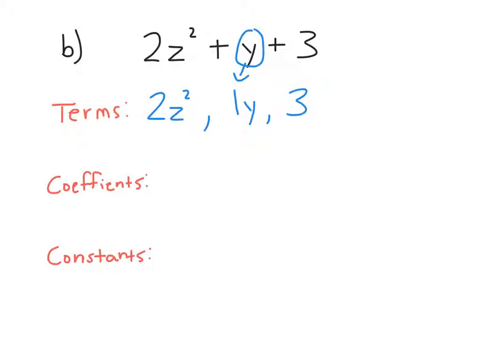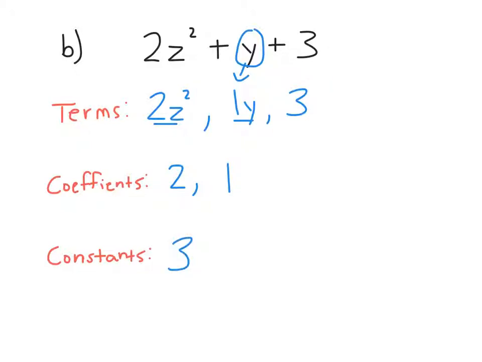We have two of them that contain variables. So 2, because there's a z squared, you just represent it with 2. And we have 1, because we have 1y. And then 3 is all by itself, which means it's a term without a variable. So our constant is a 3.